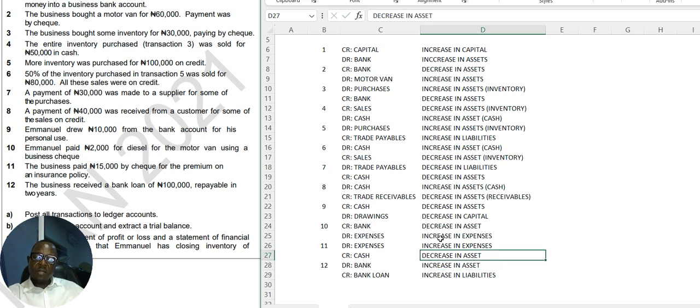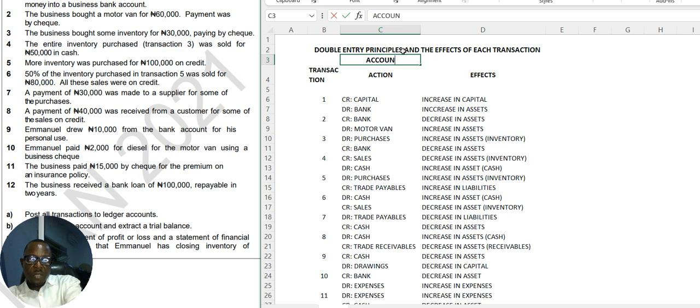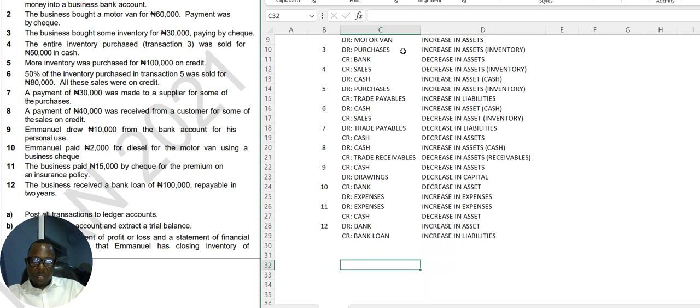So friends, this is otherwise called the accounting equation, double entry principles. Let me quickly explain what it means.